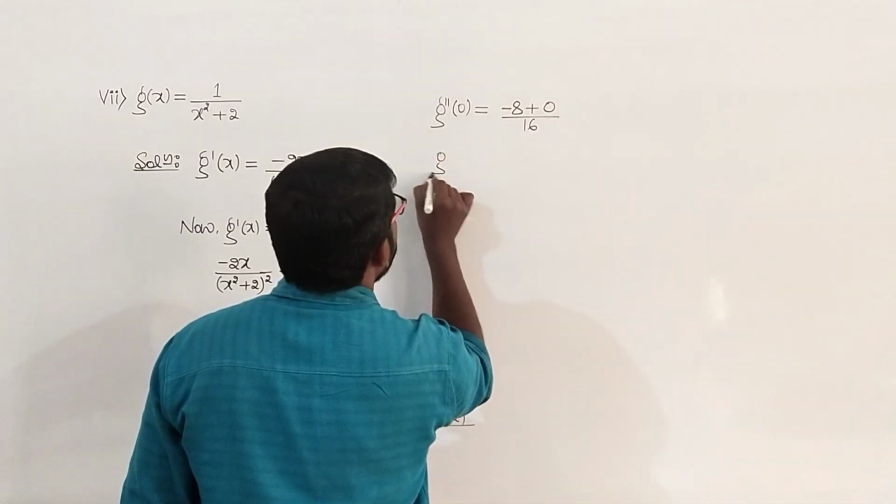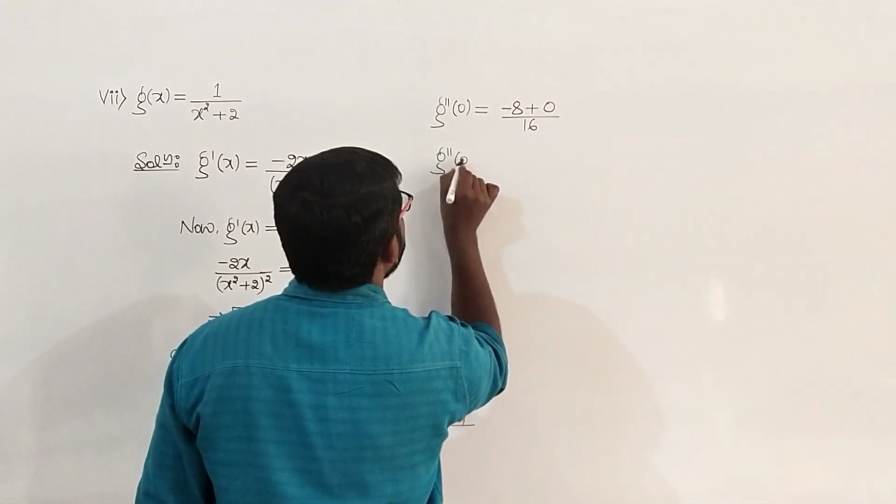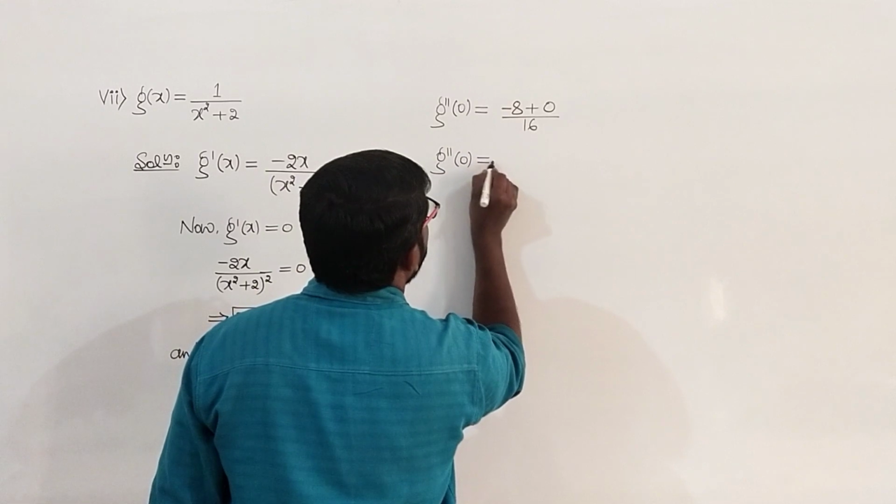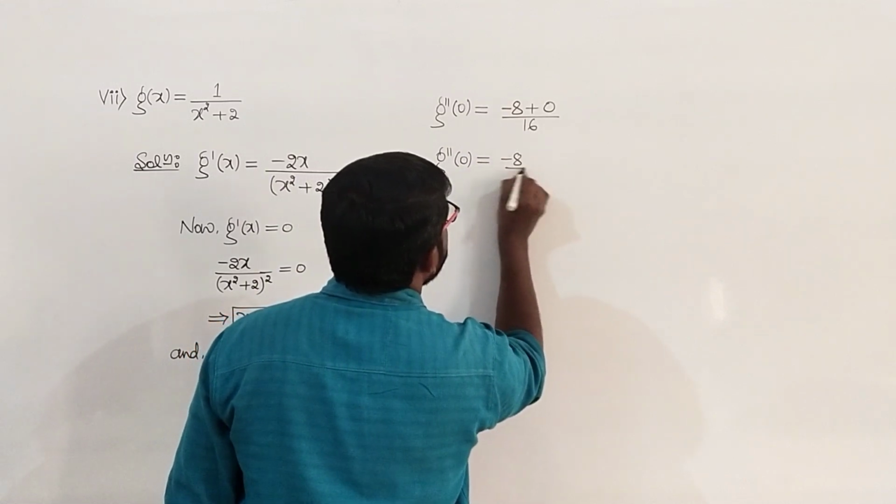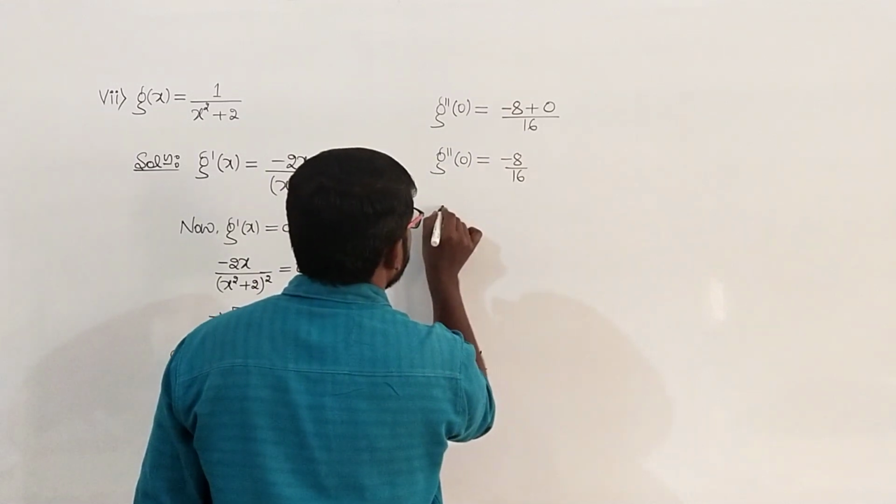So g double dash of 0 is equal to minus 8 by 16, it is minus 1 by 2.